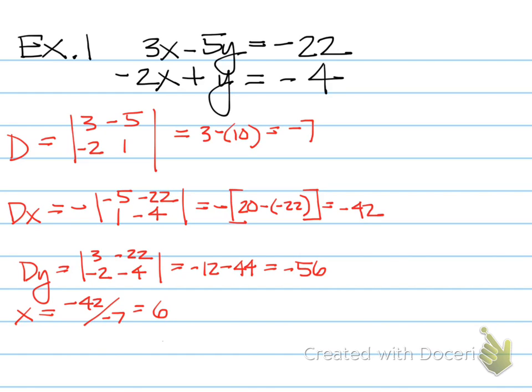So now the x coordinate of our solution is going to be the x determinant, -42, divided by the denominator determinant, -7. So the x coordinate of our solution is 6. The y value can be found by dividing the y determinant, which is -56, by the denominator determinant, -7. When we do that, we get 8, for a solution of (6, 8).